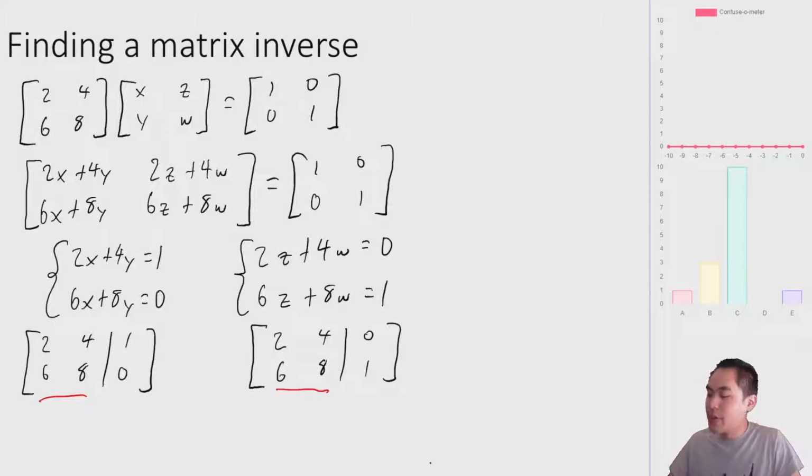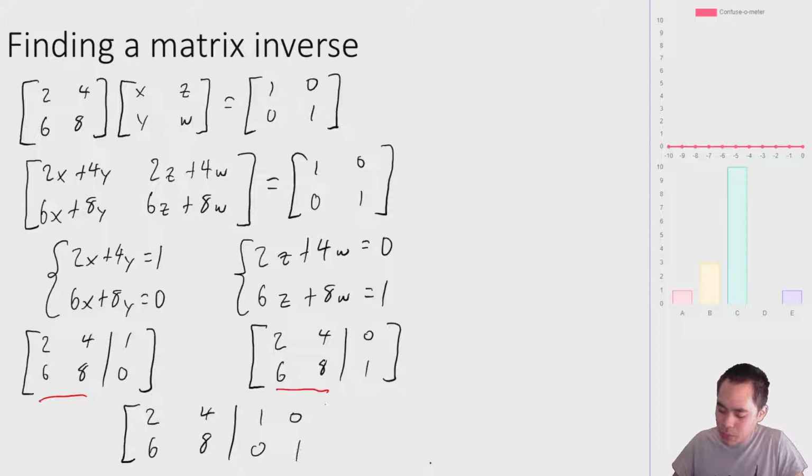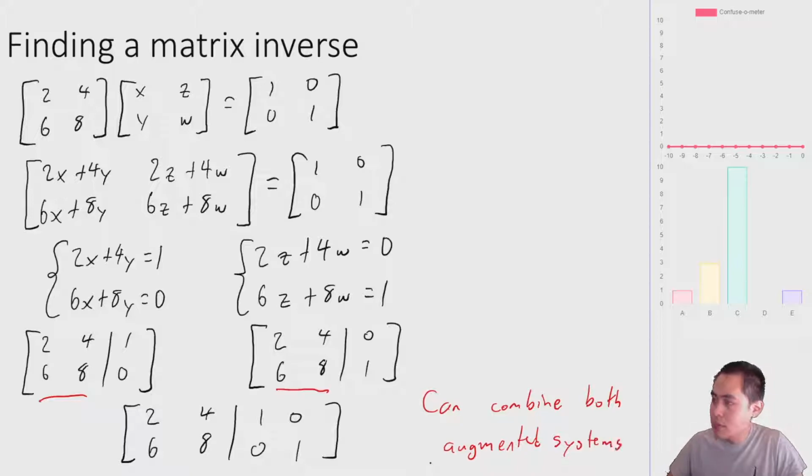And for notational simplicity, you can combine these into a single big augmented system, [2, 4 | 1, 0; 6, 8 | 0, 1]. So you can combine both augmented systems. Once we've done this, we know how to solve an augmented system.